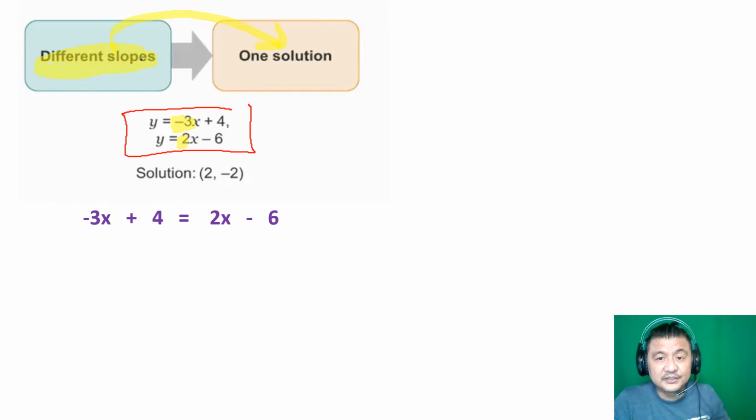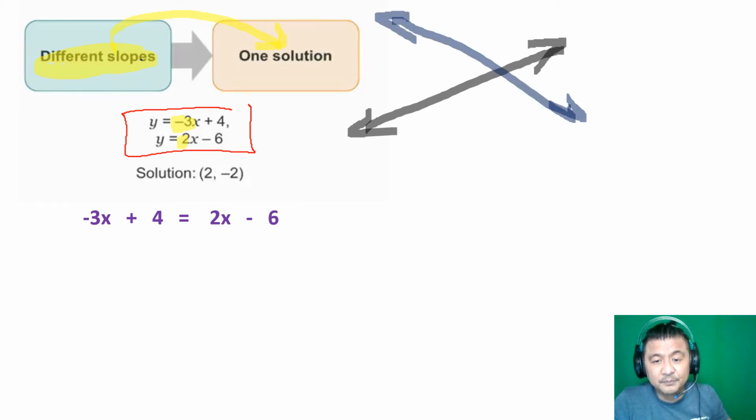Meaning what? This positive line and this negative line will meet at one certain point, and there's only one point where they're gonna meet, one solution. How would you know that without graphing? Look at the slope, if they're different. Yeah, we're sure.